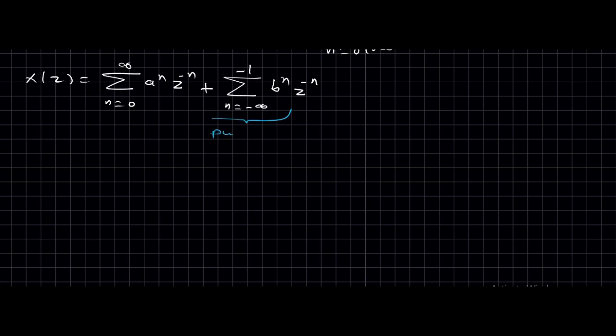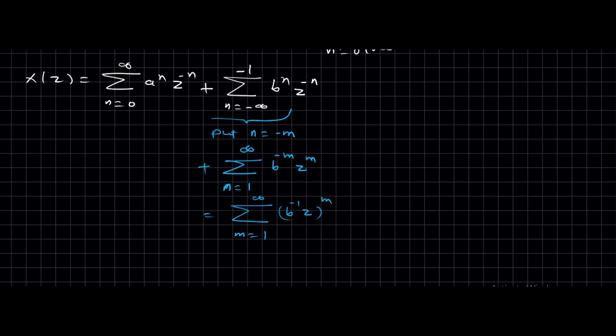So put n equal to minus m as we did in the previous case. So this will change to m equal to 1 to infinity, b raised to minus m and z raised to plus m, and this will further modify to m equal to 1 to infinity, b raised to minus 1, z raised to m.